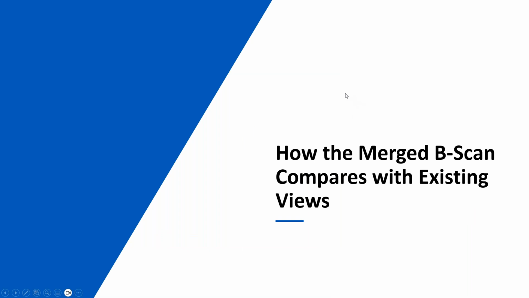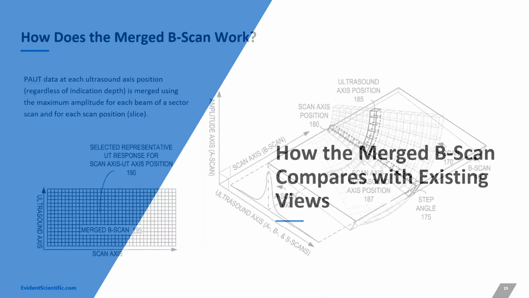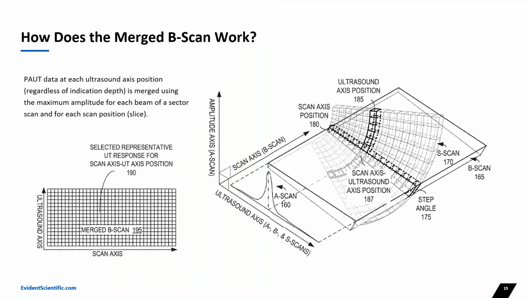A frequent question with the merge B scan is how it works. As I explained, it's a very simple functionality. With a regular sector scan, we can pretty much resume the explanation to combining the amplitudes at each ultrasound axis and displaying the maximum value.